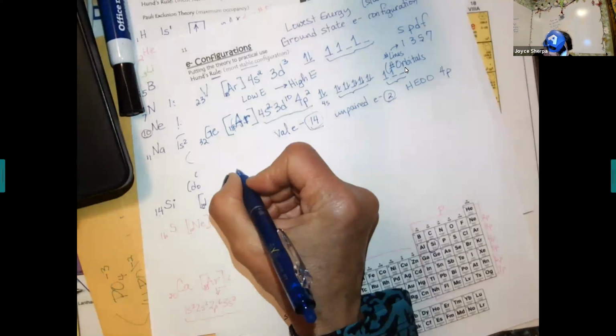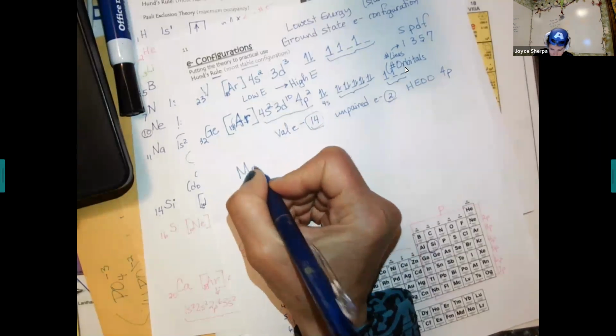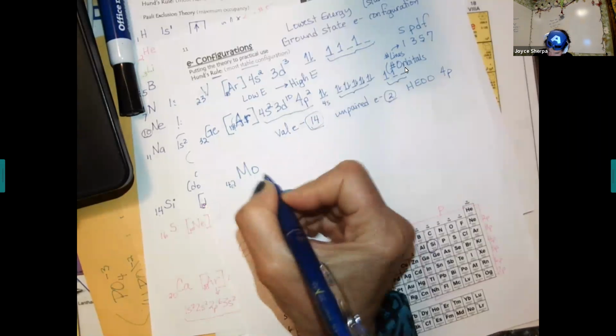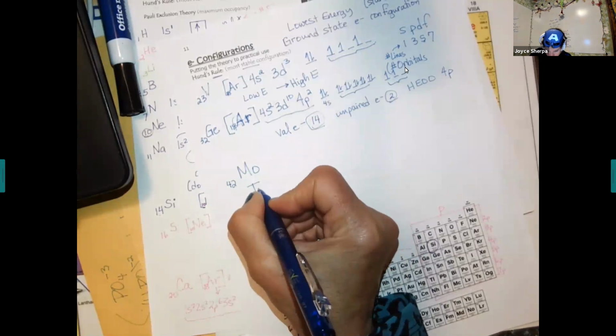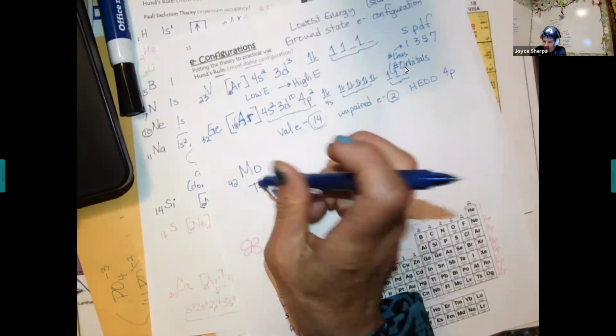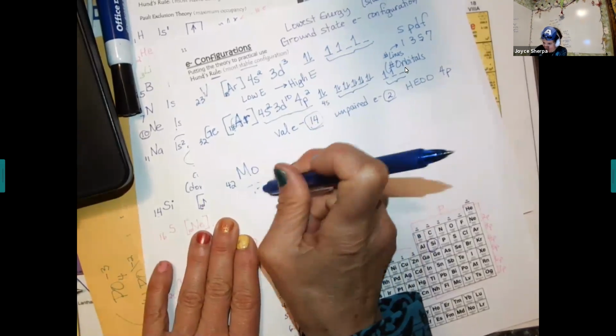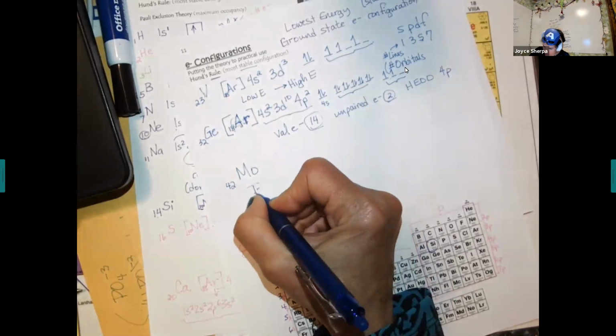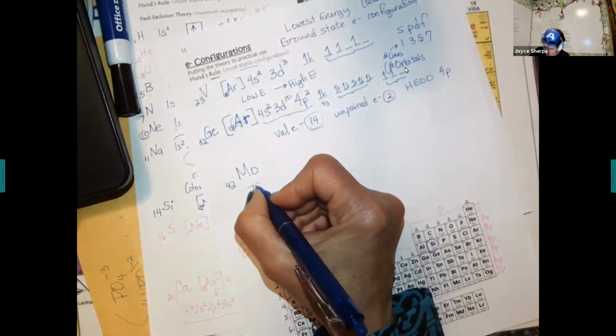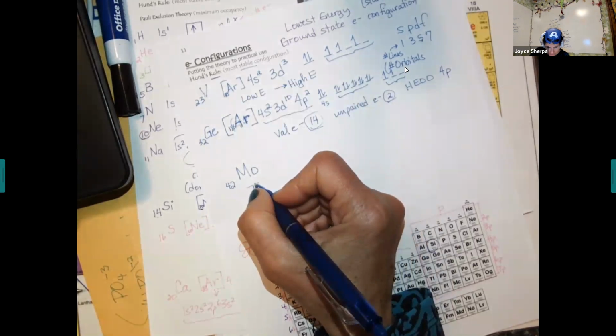Let's do molybdenum. So Mo. Let's do iodine. No, tellurium. Oh, I keep writing the wrong letter.